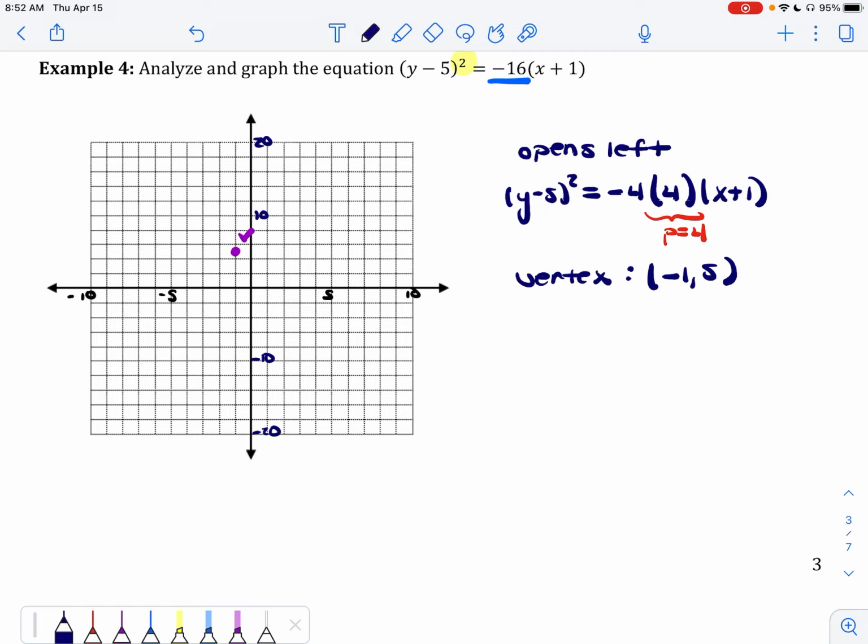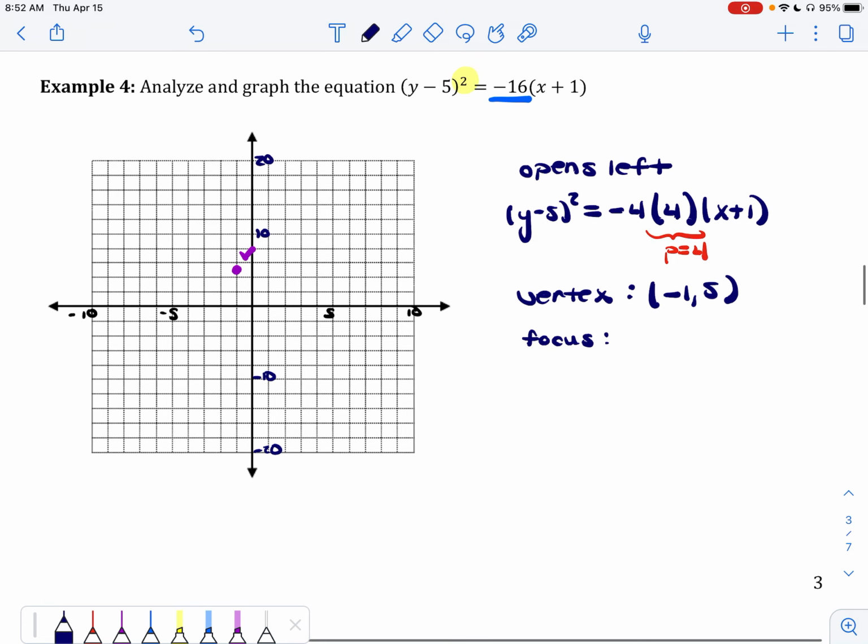Okay. All right, then we have our focus. All right, so we said p is equal to 4, and our parabola is opening left. So from the vertex, we are going to go 4 units to the left to find our focus, right?